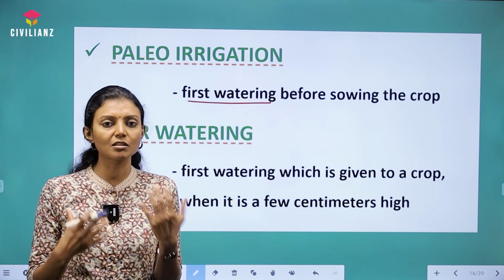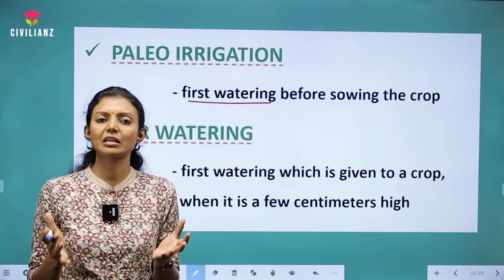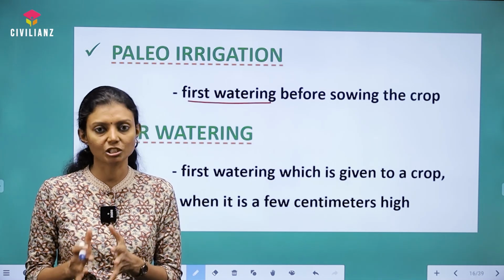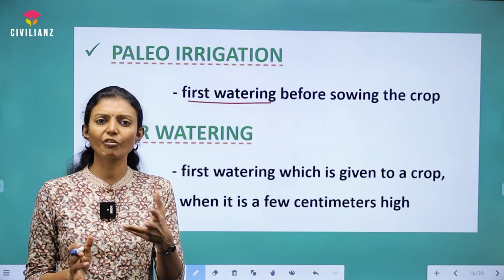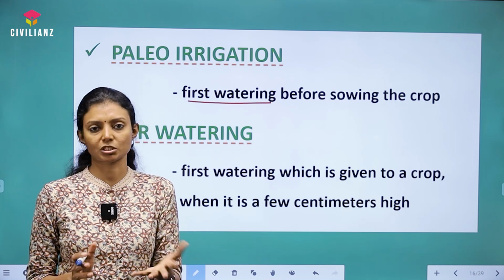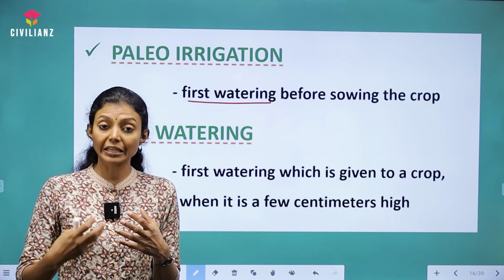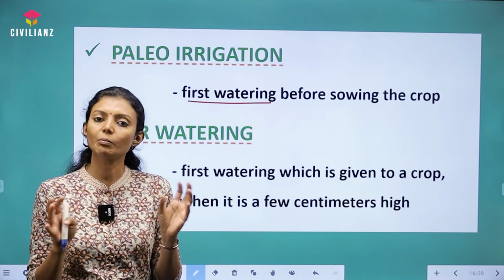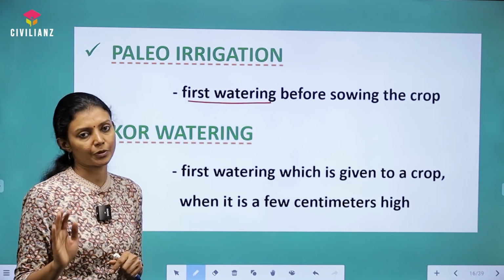We are preparing the soil before sowing, so that there is a basic moisture retaining capacity in the soil, providing a minimum moisture to the soil so that it has a holding capacity. We can get higher duty if you do paleo irrigation. So paleo irrigation is basically for land preparation.